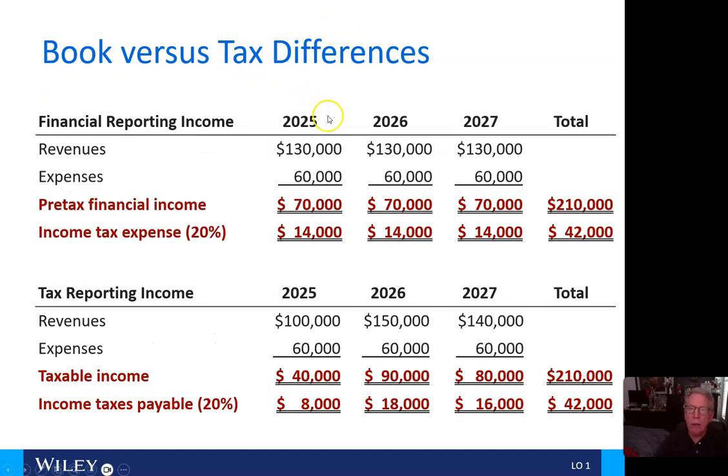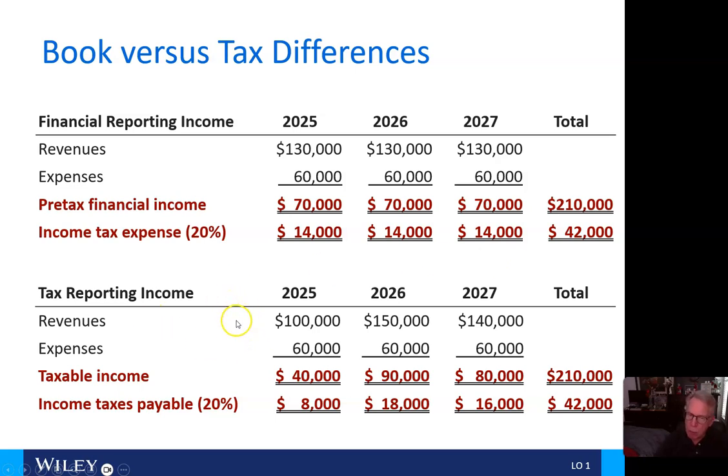Well, this slide summarizes the book and tax differences for 2025, 26, and 27. You can see our stable revenues and expenses for financial reporting income, a total of $210,000 and a total of $42,000 income tax expense.